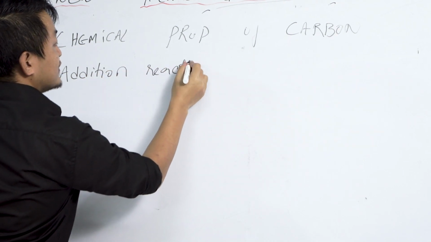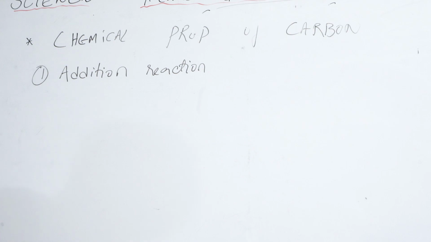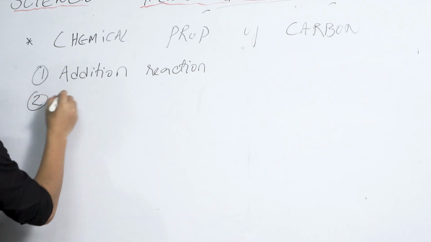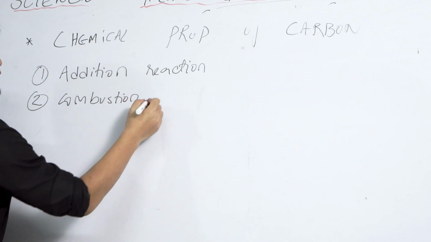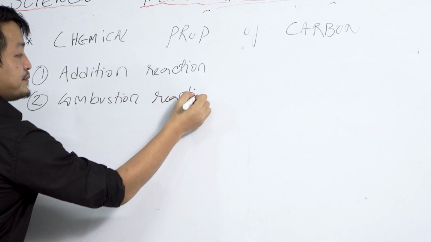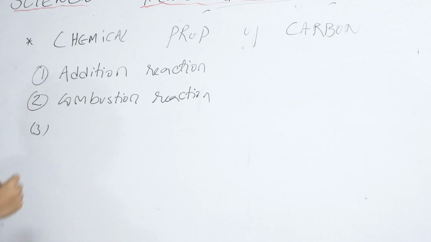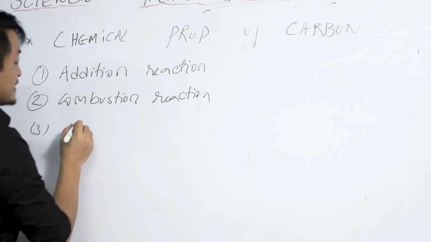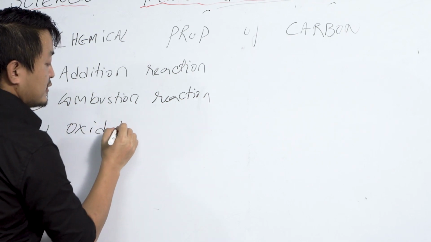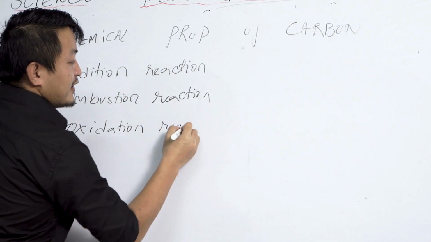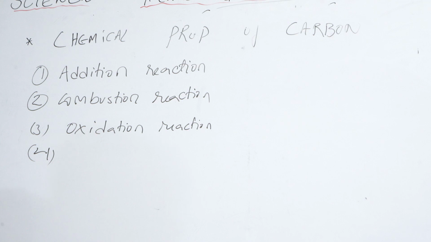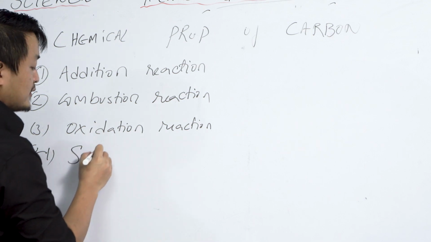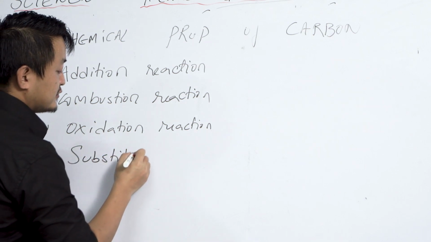The second type would be combustion reaction. The third type would be oxidation reaction. And the last type of chemical property that we will study would be substitution reaction.